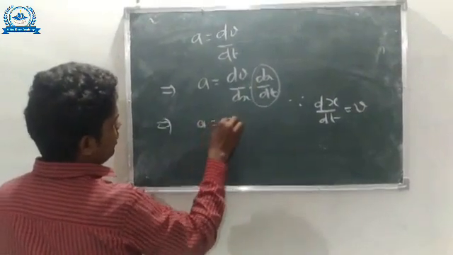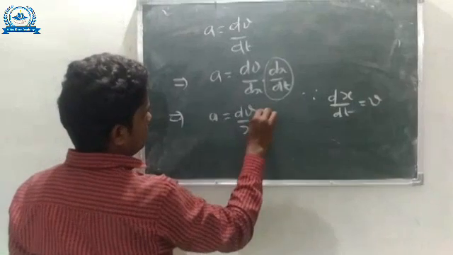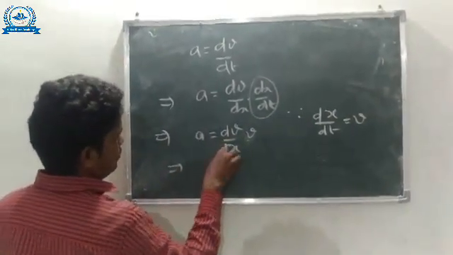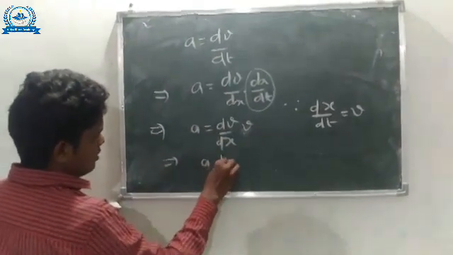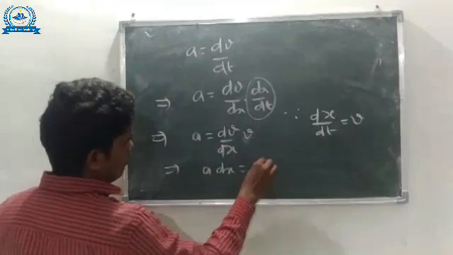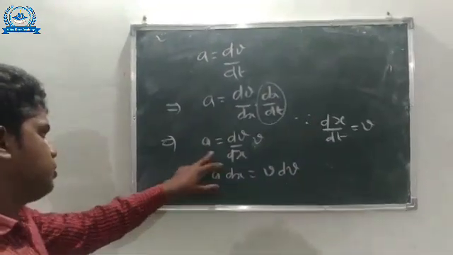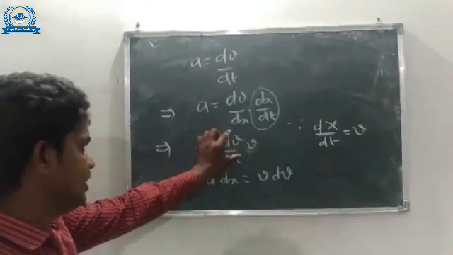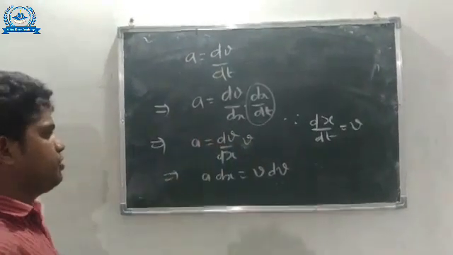So you will get dv upon dx into v. Okay, transfer this dx over here. So you will get a dx and this will be v dv. I have just transferred this dx to the left-hand side, and on the right-hand side it is the same as in the previous step.